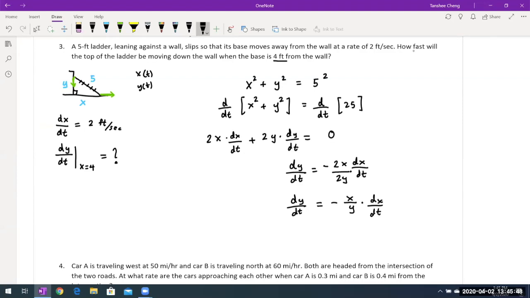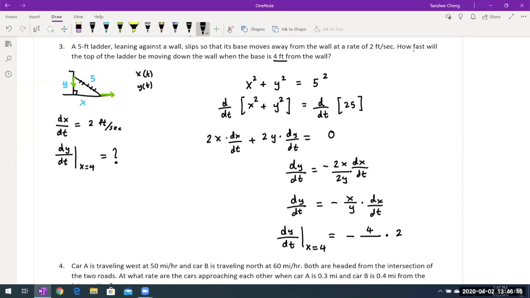What we want to find is the rate of change of y with respect to time when the base is 4 feet away from the wall. So I have 4 on top, times the rate of change of the base moving away from the wall, which is 2 feet per second.